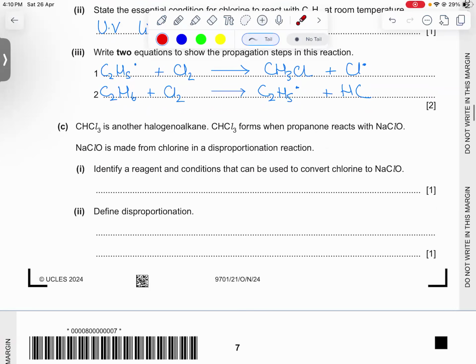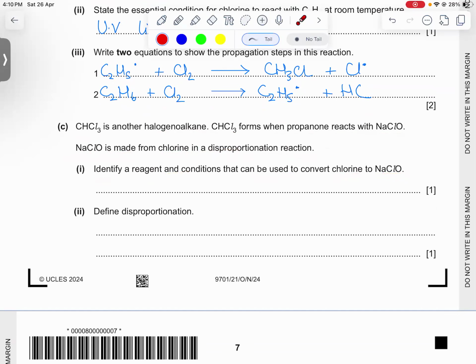Next, CHCl3 is another halogenoalkane. CHCl3 forms when propanol reacts with NaClO. NaClO is made from chlorine in a disproportionation reaction. Identify a reagent and condition that can be used to convert chlorine to NaClO.